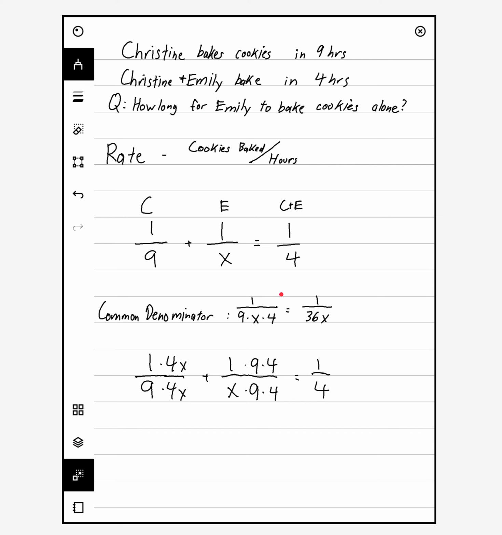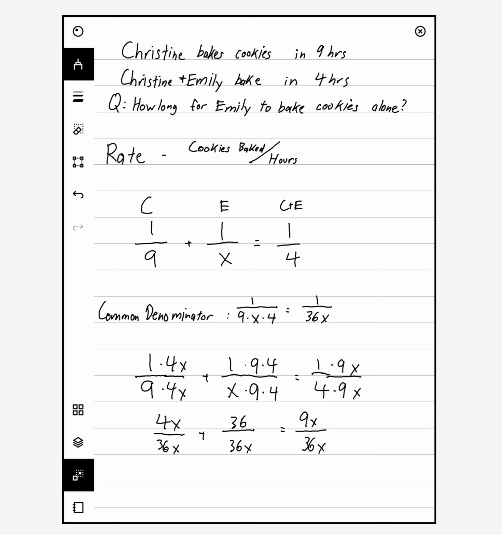And this one is going to need to have x and 9 multiplied to it. So top and bottom, 9x. All right, and the new version of this is going to be 4x over 36x plus 36 over 36x is equal to 9x over 36x.